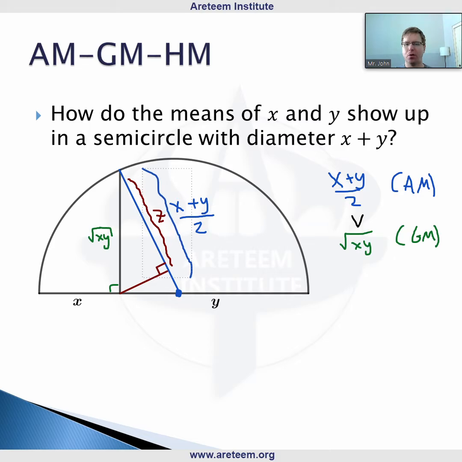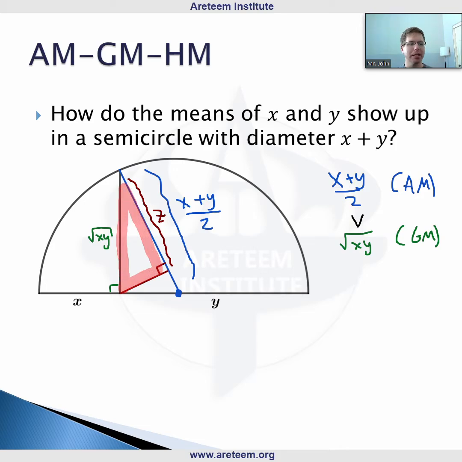So we have our full radius of length x plus y over 2, and then this z value is the leg of this smaller right triangle that we have here. So we have this right triangle that we are comparing as well.